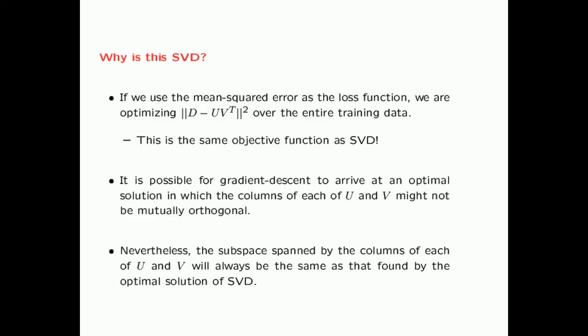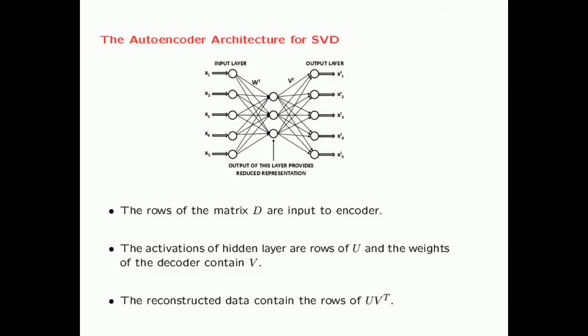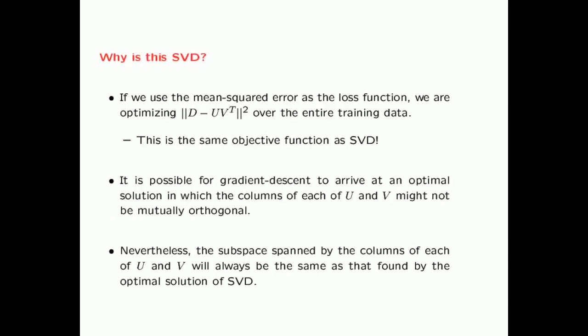The other point is that in this autoencoder, we are using the sum of squared errors. By using the sum of squared errors between the input and output over the entire training data, we are essentially optimizing the sum of squares of the entries of D minus UV transpose. And this is exactly the same objective function as SVD.